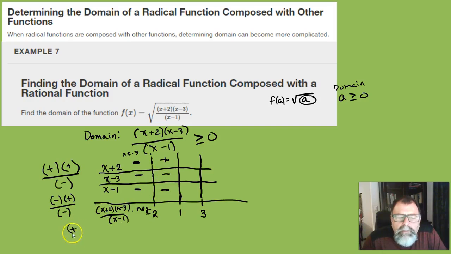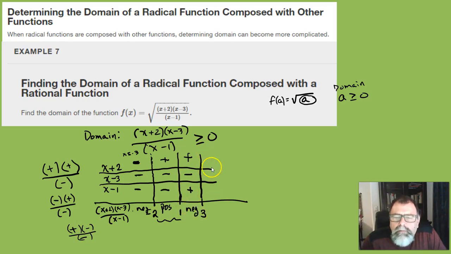So we have a positive times a negative divided by a negative, which will get us positive. So any numbers between negative 2 and 1 will be greater than or equal to 0. And then we've got to check here. How about 2? 2 plus 2 is positive. 2 minus 3 is negative. 2 minus 1 is positive. So a positive times a negative divided by a positive would be negative.